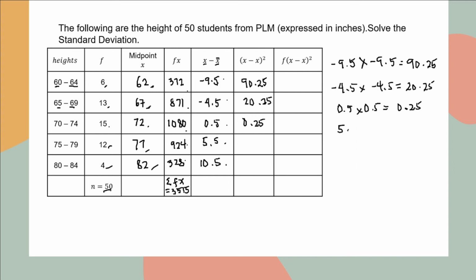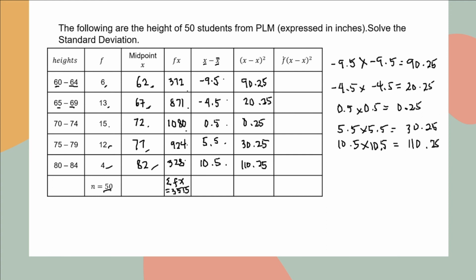Next is 5.5 times 5.5. The answer is 30.25. Next is 10.5 times 10.5. We have 110.25. Okay, so we're done with the square deviation.